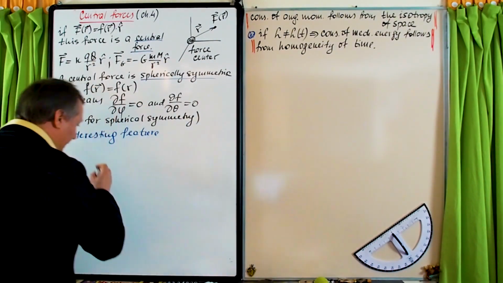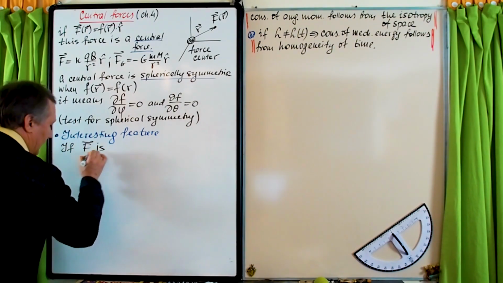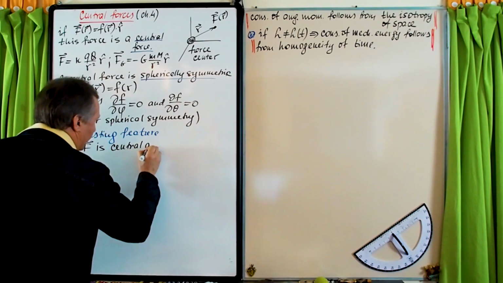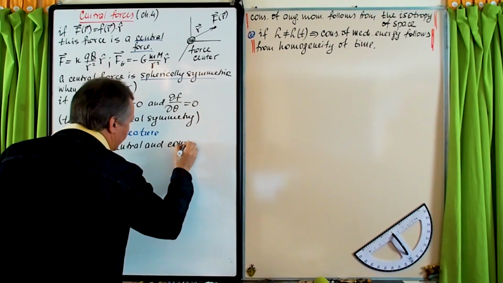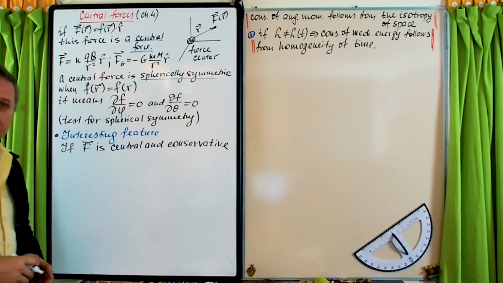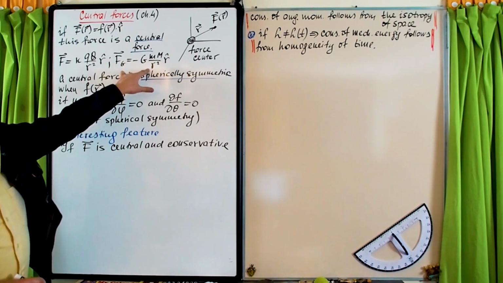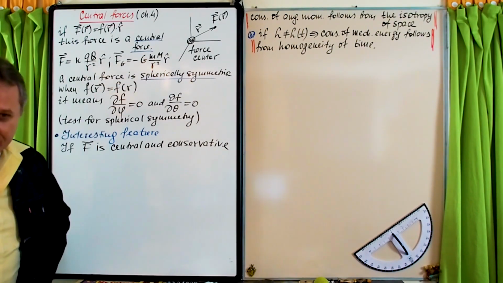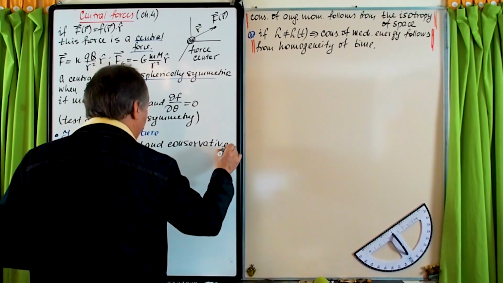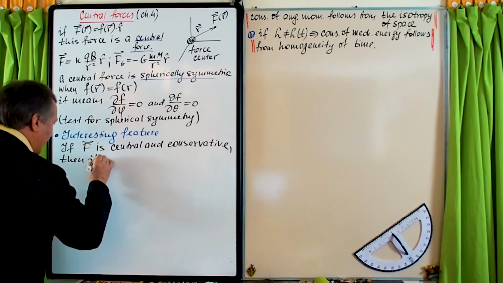So if force F is central and conservative, as in the examples we know, both of these forces are central and conservative, and of course they're spherically symmetric, then it's spherically symmetric.